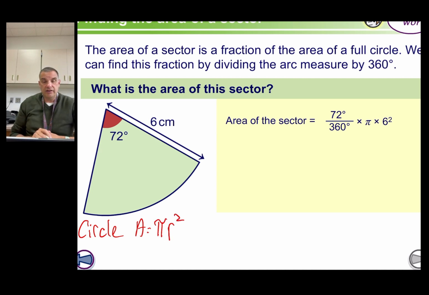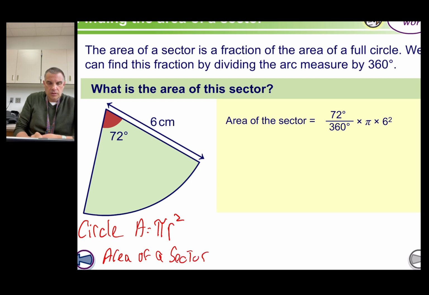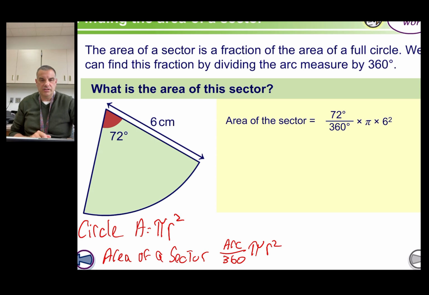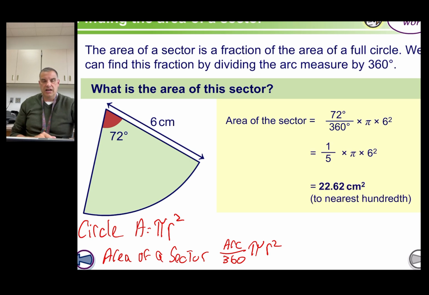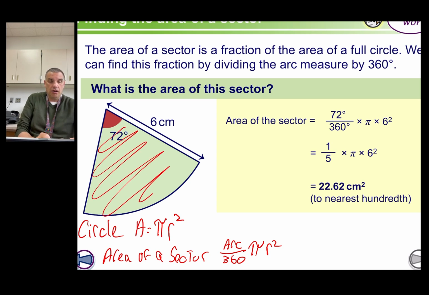So to find the area of a sector, we're just going to go with the measure of your arc divided by 360 times pi r squared. That is that right there. Then they calculated it out to the nearest hundredth. You just do it all on your calculator, and you get 22.62 centimeters squared as the area of that sector.